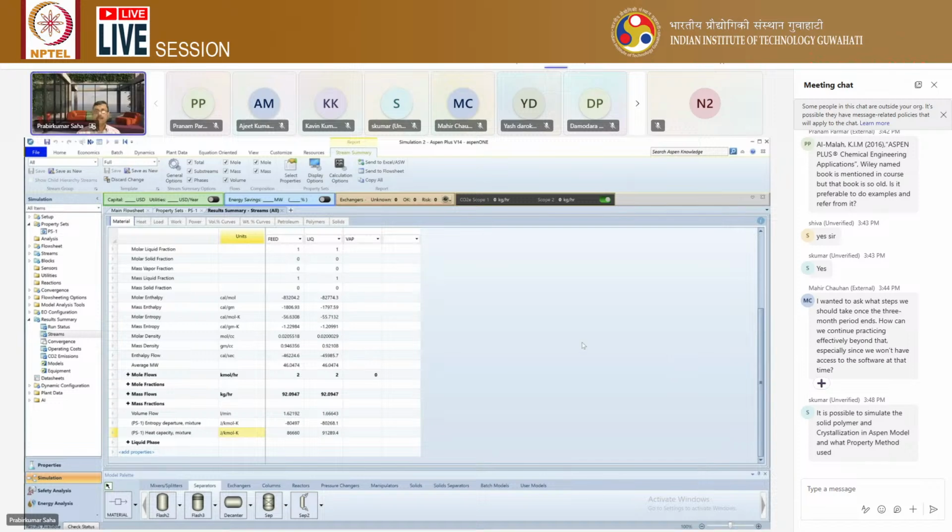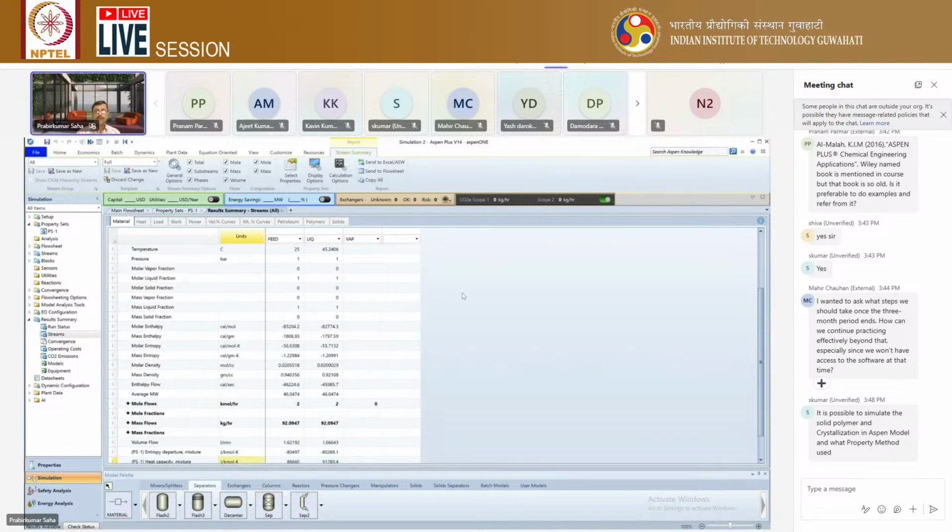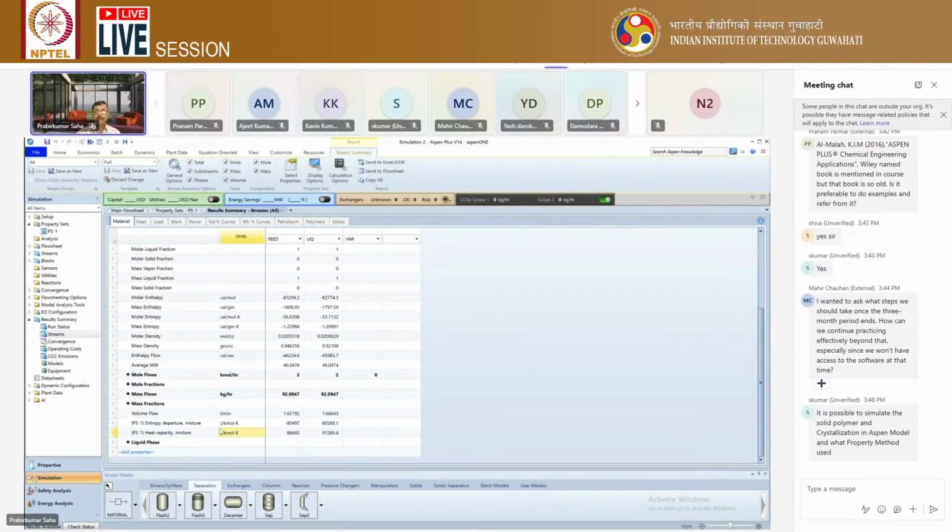Got my point? So that is how you can put the new properties in a property set and you can call them, which are not there in the regular set. These properties you can record also.